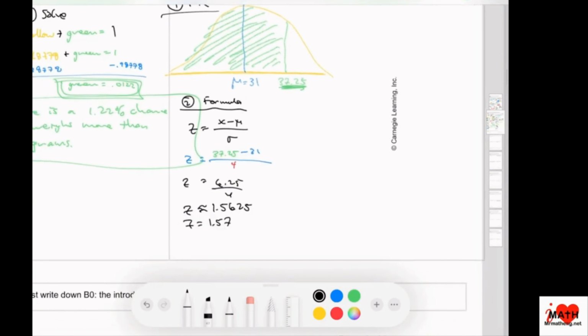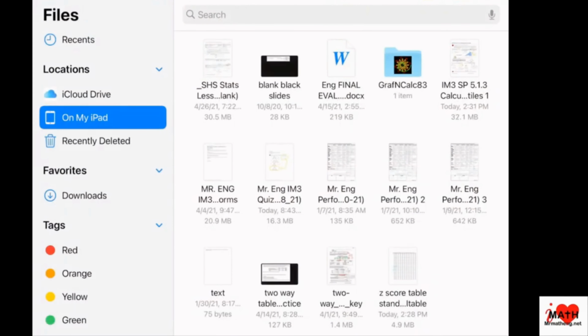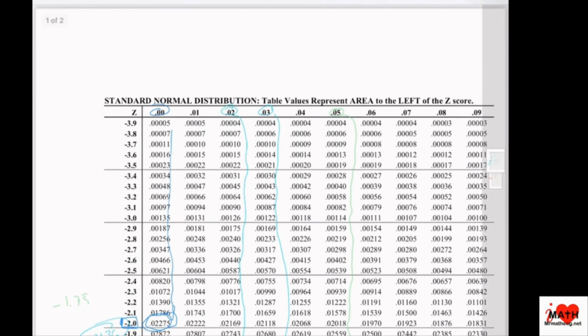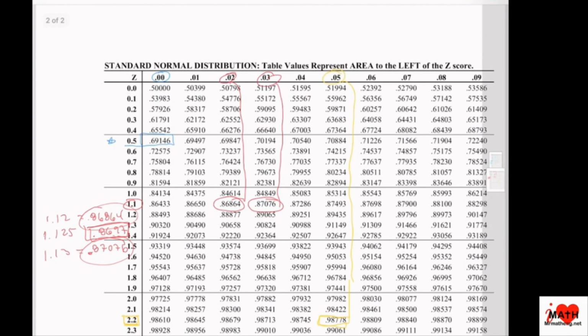Okay, step number 3 is to go from a z-score to a percent. And we do that by looking at the chart. So let's go ahead and look at the chart. Okay, I have the negatives. So if I go to the second page, I get positives, and we said 1.57.